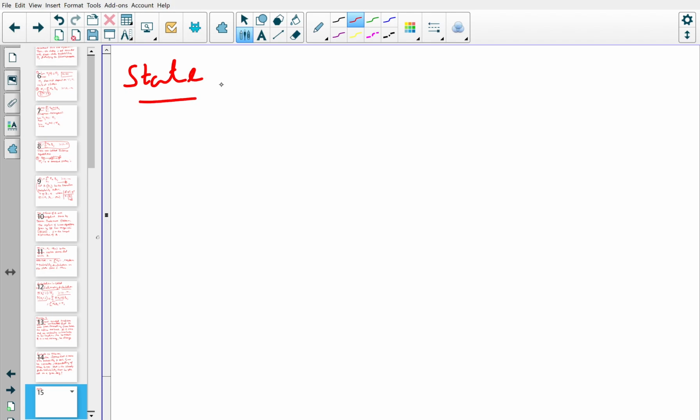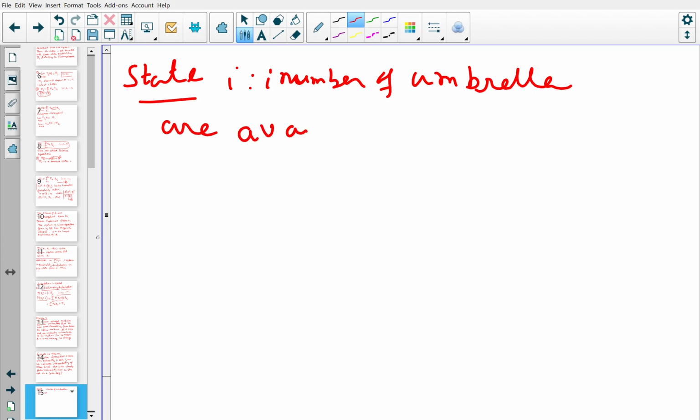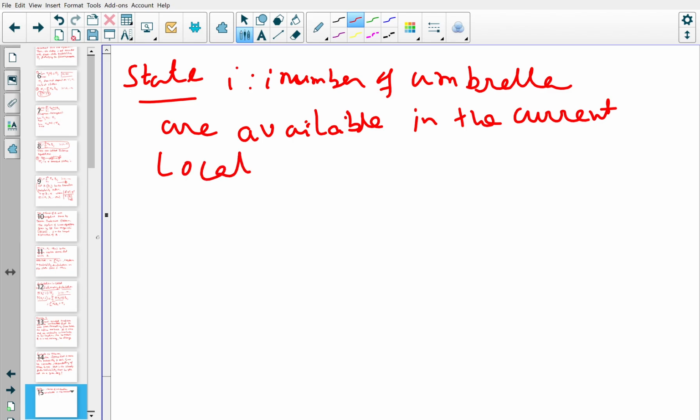So you can write down state i: the state is the number of umbrellas available in the current location, wherever he is. Clear?